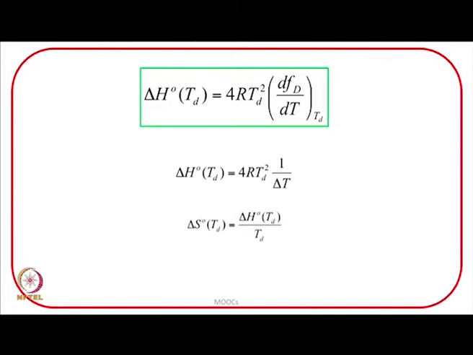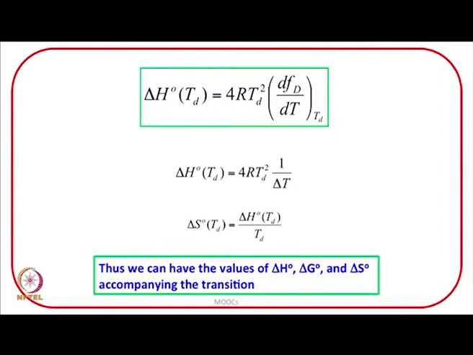So once we have the enthalpy of transition at the transition midpoint, we have earlier discussed that we can get the entropy change associated with the transition at the transition midpoint. Thus, we can have the values of delta H naught, delta G naught, delta S naught accompanying the transition.